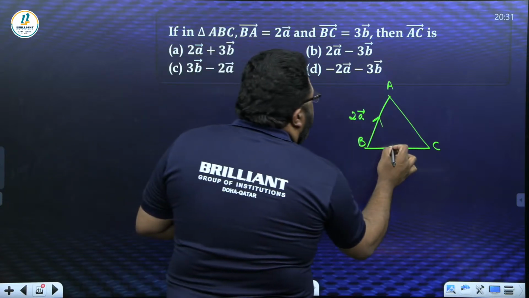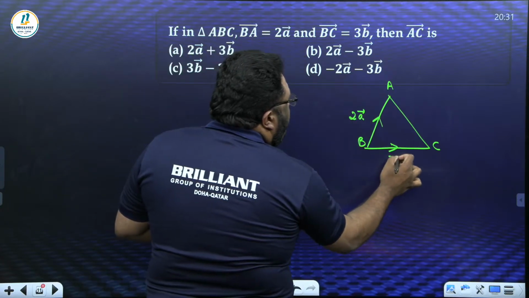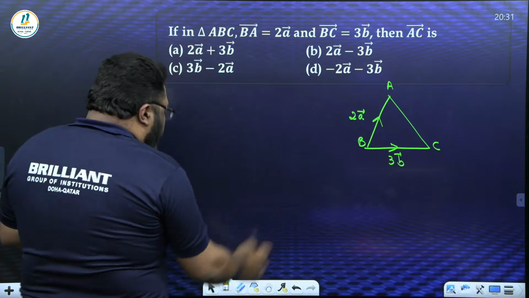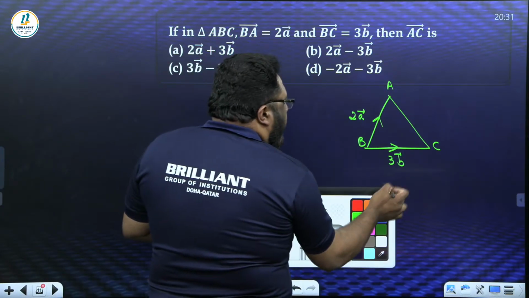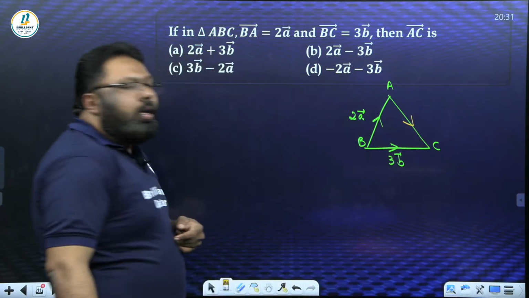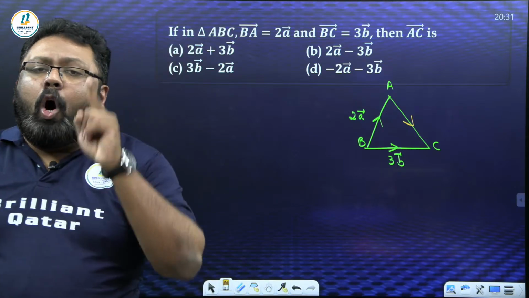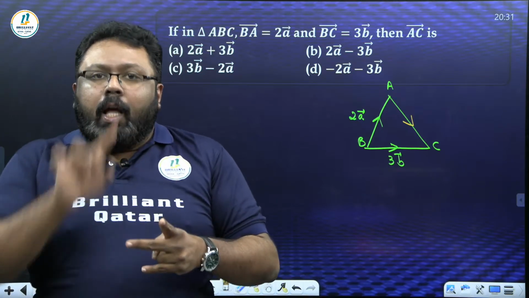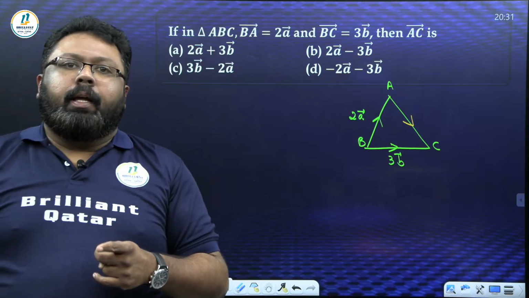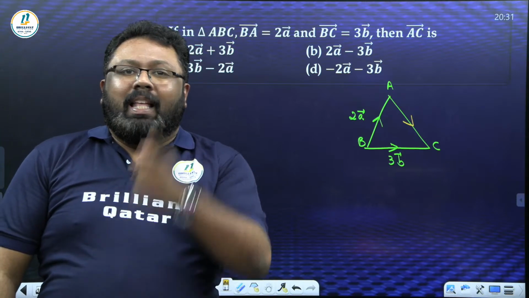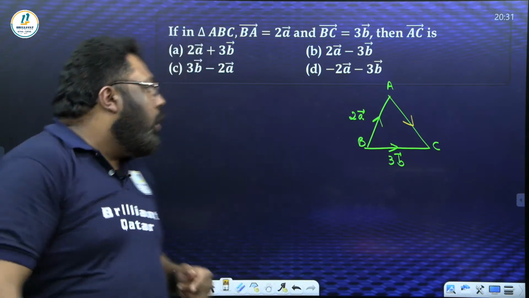Then BC equals 3b. And they want AC. AC means this direction. All of you, triangle law says that the sum of two vectors in the same order is equal to the third vector in the opposite order.